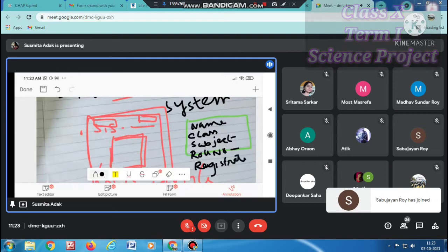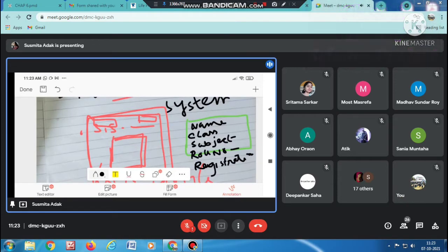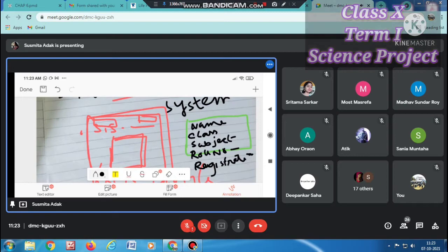Roll number you haven't got till now, and registration number I think you got. In the LOC pages, whatever was given for checking, in that PDF you will get your registration number.